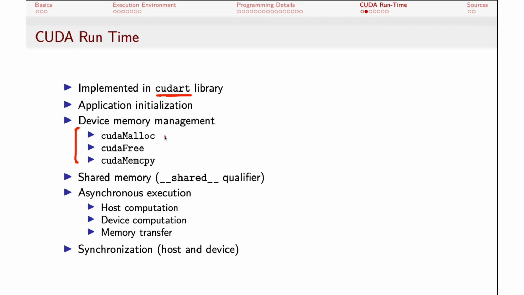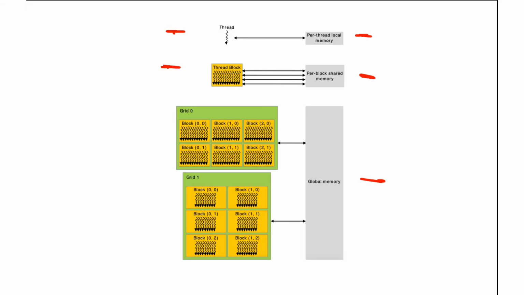So the cudaMalloc, cudaFree, and cudaMemcpy that we spoke about previously are implemented by that runtime library. It also allows us to deal with shared memory. Here's that __shared__ qualifier that we can use if we want to be able to access this type of memory across the threads in the same block.